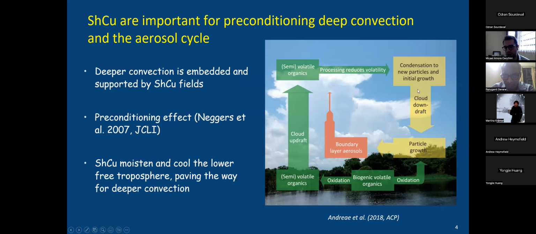At least this is one of the explanations. We are not completely certain of all the mechanisms that bring these types of particles downwards. But one reasonable explanation is that another deep cloud will have downdrafts that carry the particles downwards towards the boundary layer, where they continue to grow and then help form new clouds. So this is the natural cycle in the Amazon that was identified, and the recent campaign CAFE Brazil was aimed at further detail in explaining all the mechanisms involved. So soon, in the next few years, we will have some more details about it.